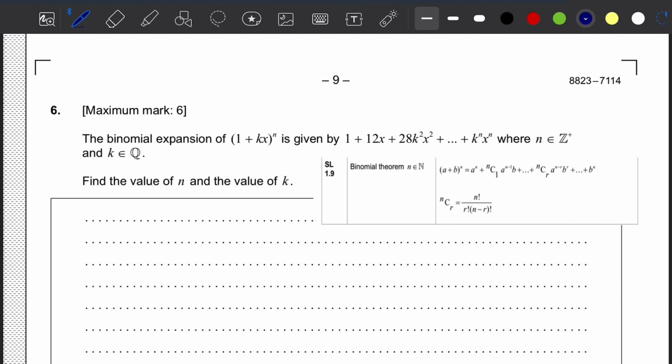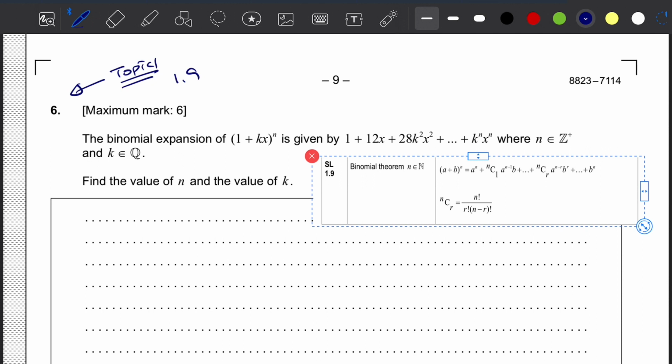Question number 6. So we have a binomial expansion with this question. This is actually from topic 1, specifically section 1.9 of the binomial expansion section, or binomial theorem section, you can say.